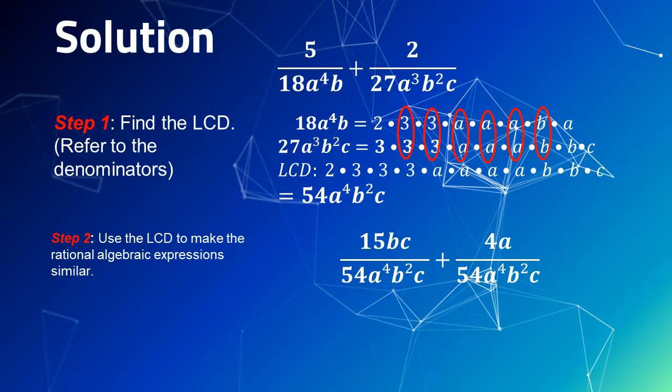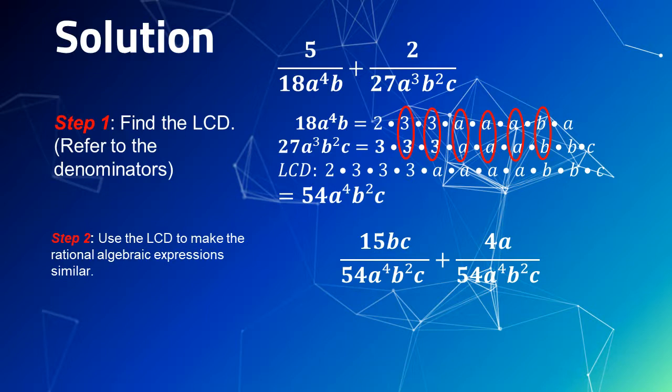Multiplying this, we have 2 times 3 times 3 times 3, which is equivalent to 54, that is 27 times 2. Then a raised to 4, and we have b squared, and we have here c.